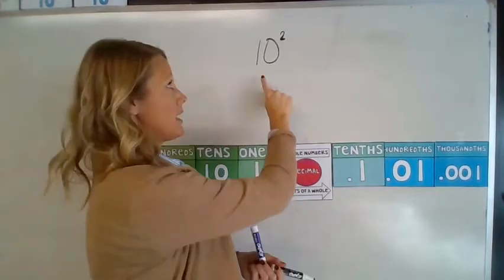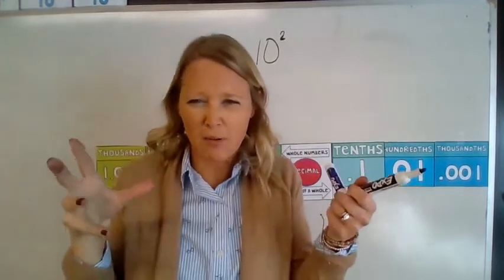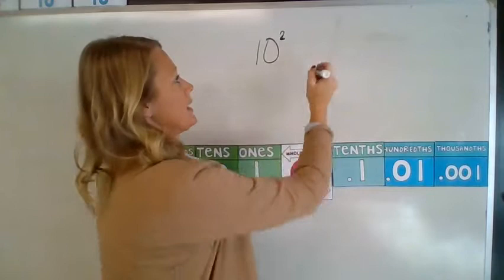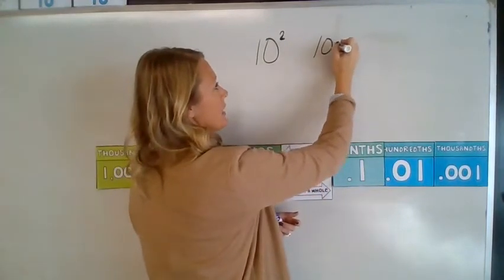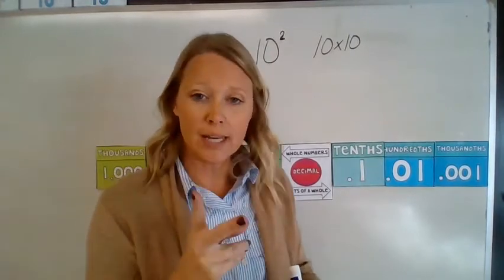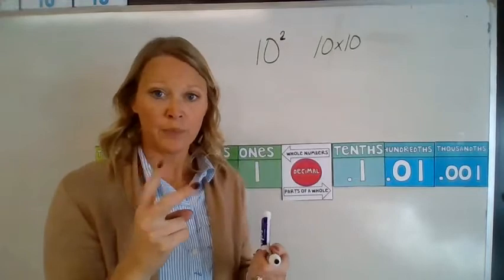If we were to stretch it out, I'm going to call this expanded form because I'm going to actually show what this looks like. This is saying 10 times 10. I need 2 tens because the exponent is 2.